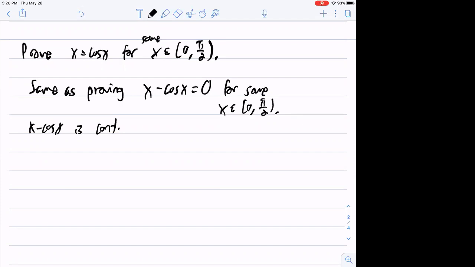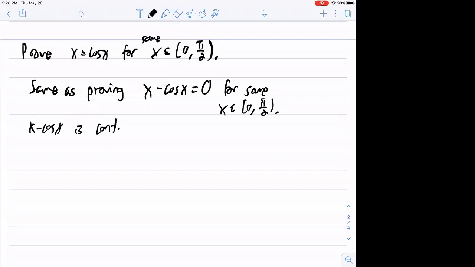So one way to approach this is to find a value where x minus cosine of x is positive, and find a value where x minus cosine of x is negative. And by IVT, you get every point in between. In particular, you get 0, because one's positive, one's negative.